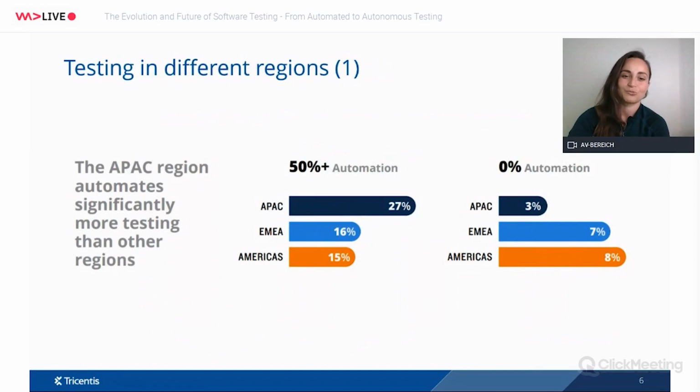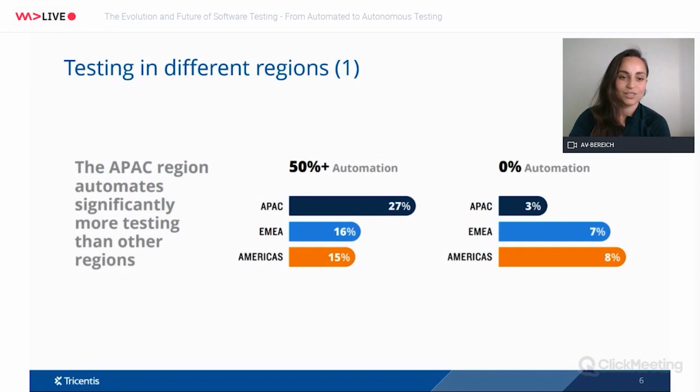I also wanted to give a regional comparison here because, working with customers globally, I always saw a bit of a difference whenever I was talking to the APAC region. Now we also have it in numbers.